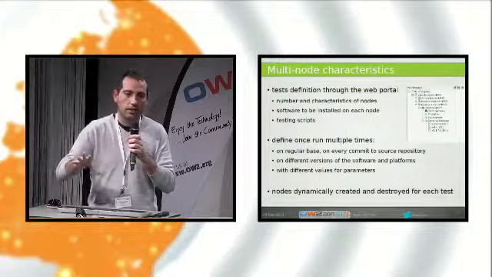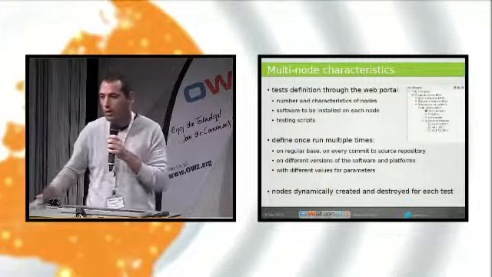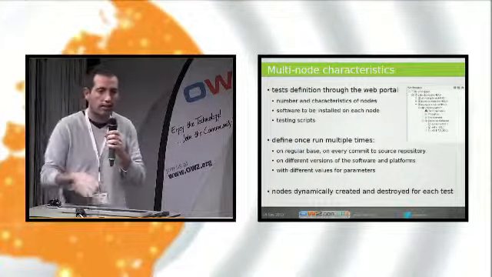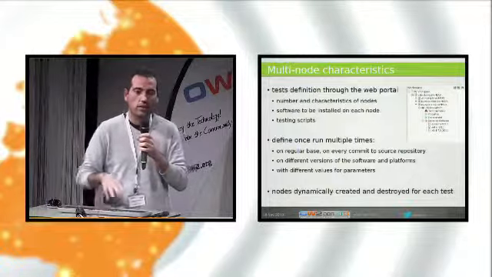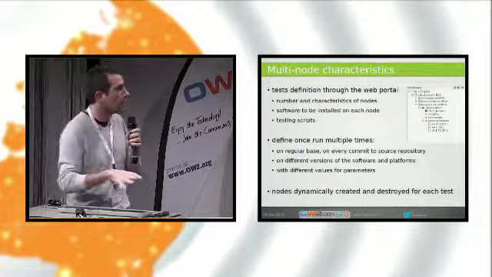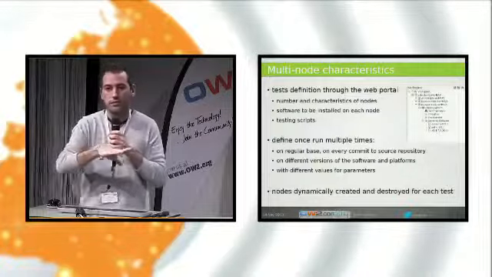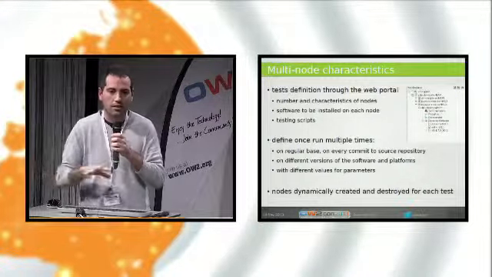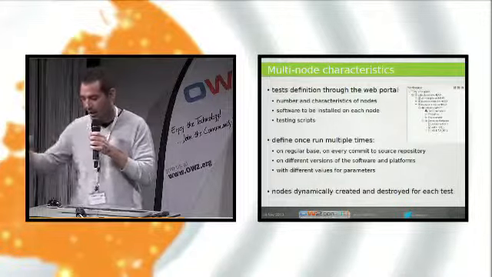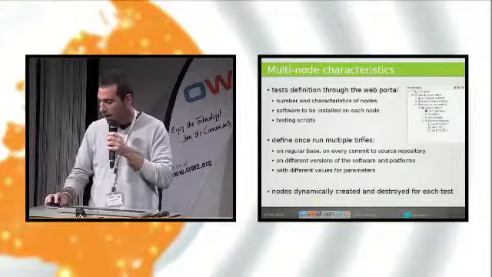So the system controls its own infrastructure, and can create and destroy nodes for the test. And this assures, of course, that each test starts from a clean test bed, from a clean node, so all the tests are repeatable.